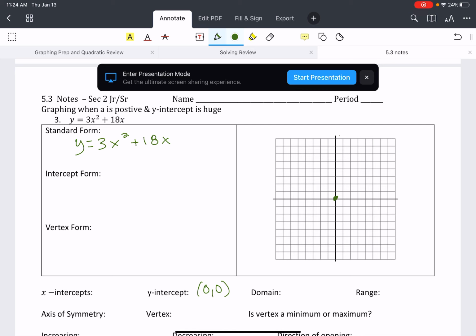1. X. They both have a 3 and they both have an X. So y equals 3x times x plus 6.